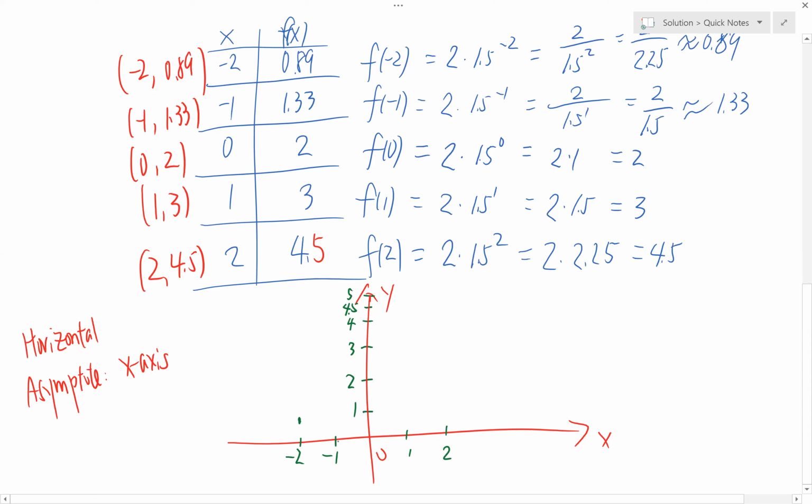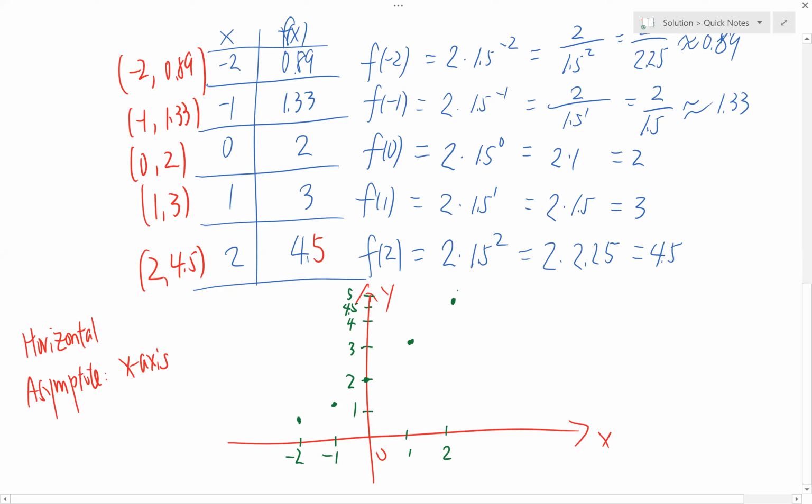And then -1 corresponds with the 1.33, 1/3 above it. And then we get 0, 2, next order pair. And then 1, 3. And then 2, 4.5.